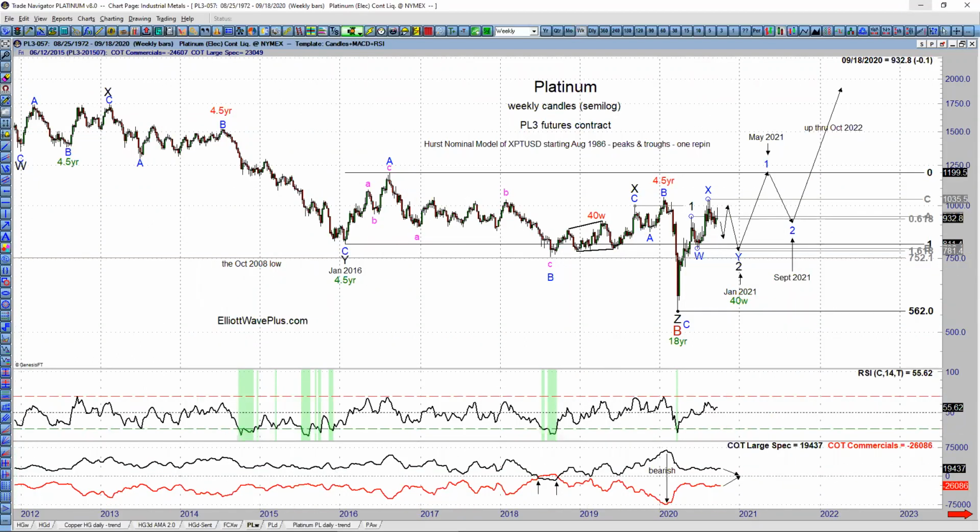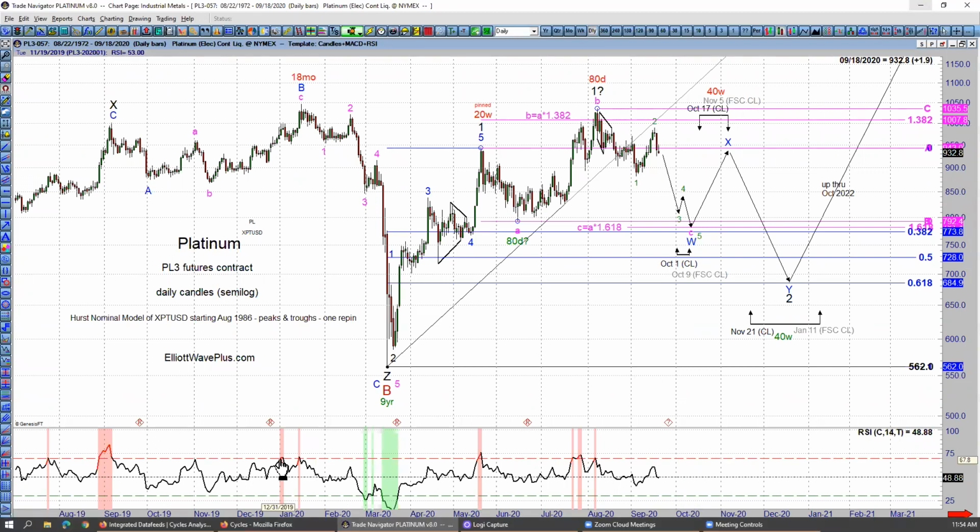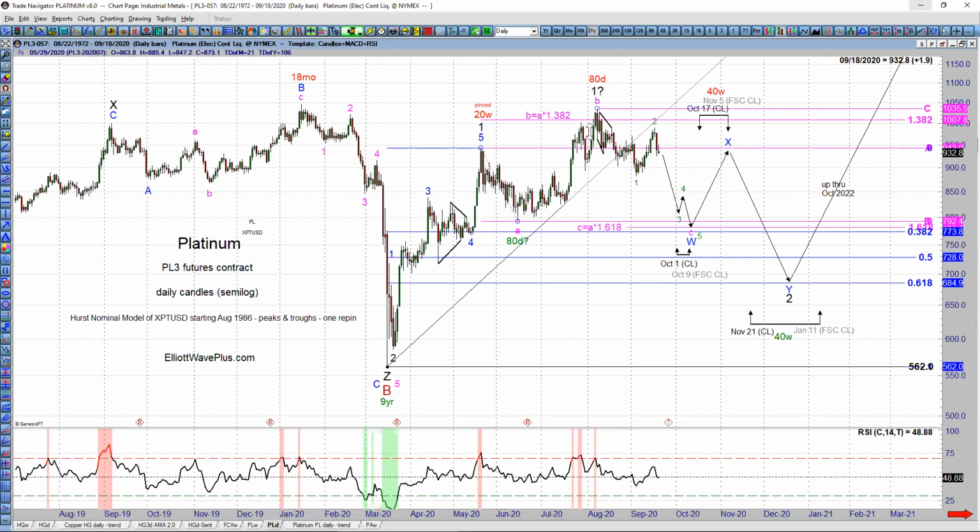Platinum, I think, is ready to move to the downside. It ended the week in a very bearish looking posture. And the Hurst, now this item really should be fairly highly correlated with copper.